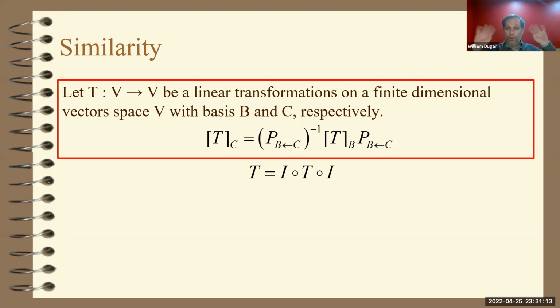But that means I have two linear transformations that are equal to each other, so I can find their matrices relative to the bases. On both sides, I'll find out what they are relative to C. Now on the left-hand side, the matrix of T from C to C is just the matrix of T relative to C. On the right-hand side, which is a composition, I have this other basis B that I'll use.